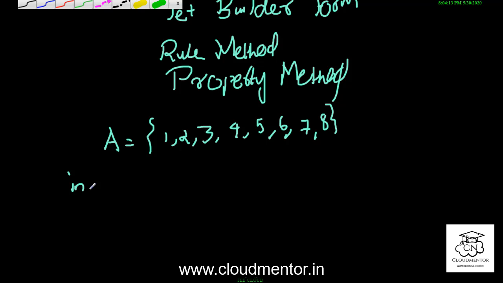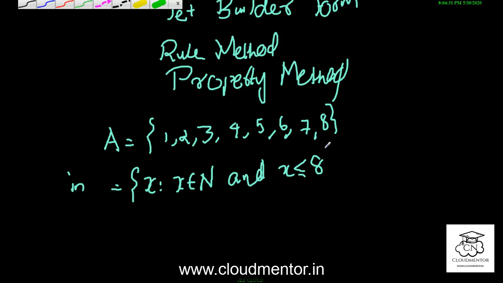In the set builder form or rule method, it will be like this, in braces x such that x element of N. N stands for the set of natural numbers, and x is less than or equal to 8. So by this property, we can define the set, or write it in roster form simply.